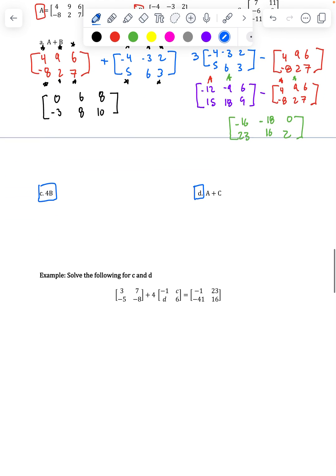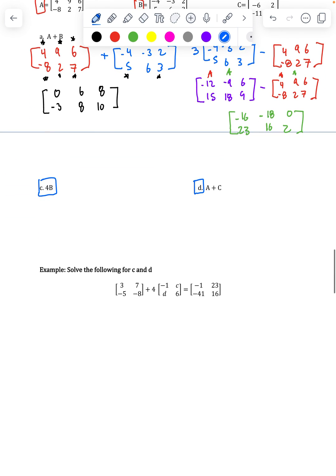Okay, welcome back. We're going to look at one other part of the example. In looking at an example, we're going to try to solve for the variables of C and D. So let's start with C. I noticed that C, the element, lines up with 7 element here.